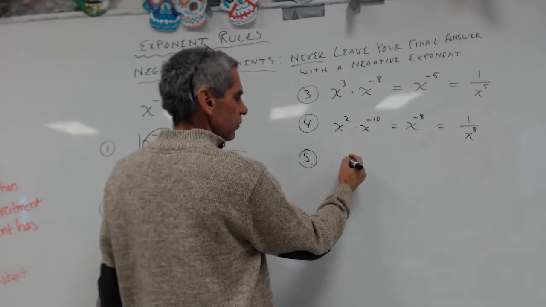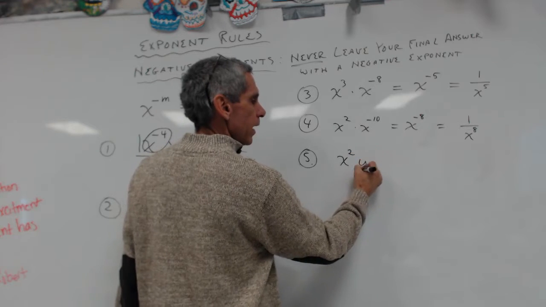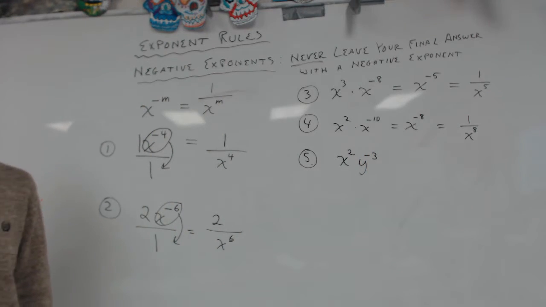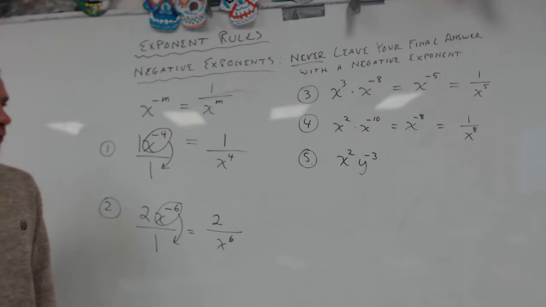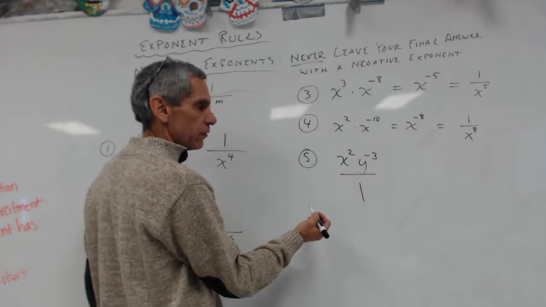Oh yeah. What if I gave you this? X squared y to the -3. What would you do? Bella, what would you do? Let's put it over 1 for a second because that makes it easier. Now we have a fraction.